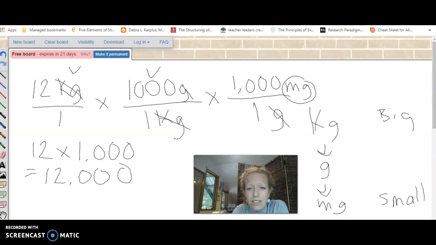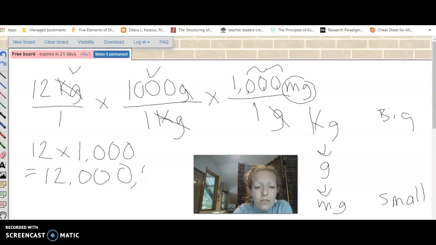If this seems like a lot of zeros, remember when we're multiplying with numbers with all these hairy zeros, we know we can just add them up. So I take my 12,000, I look at my 1,000, how many zeros do I have left that I haven't dealt with? 3. 1, 2, 3. So you know what?